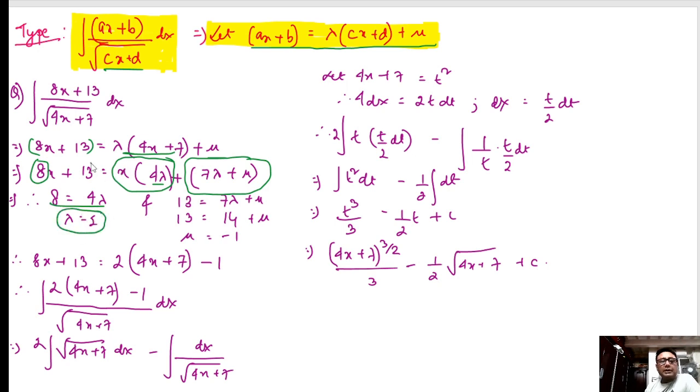Similarly, our constant is 7 lambda plus mu, their constant is 13. So equating it, putting the value of lambda, we get mu as minus 1. Okay, so now put the value of lambda and mu here. So we get 8x plus 13, this is the lambda and this is the mu. That means 8x plus 13 can be written like this.